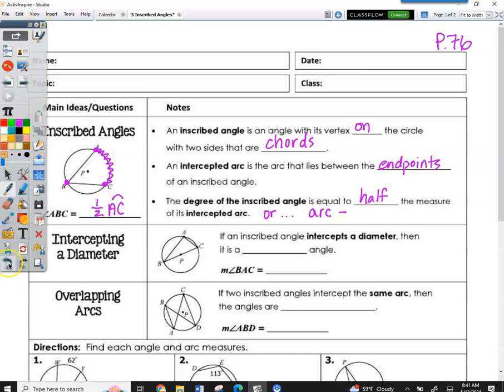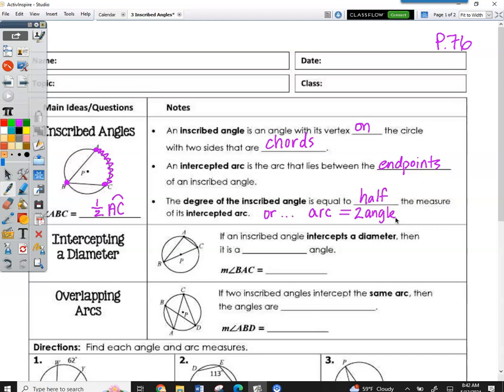If I cut something in half, what's the opposite of that? What's the opposite of divide by 2? Multiply by 2, thank you. So the arc would be double the angle. That's another relationship. Some people prefer it that way because there's no half. It just depends on which one you don't mind working with.